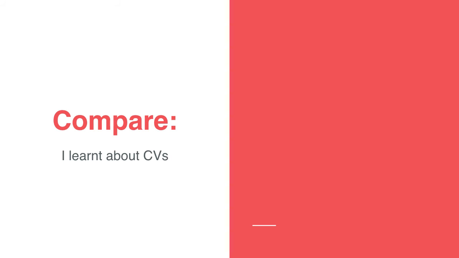So let's see how this would work in your assignment. So compare this. I learnt about CVs. Now, if you write an assignment that is basically about what you learnt, I learnt about CVs, I learnt about covering letters, I learnt about presentation skills, you're really not telling me much about your learning or how you learnt.